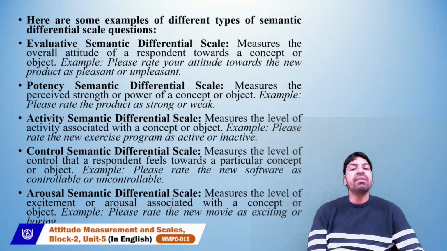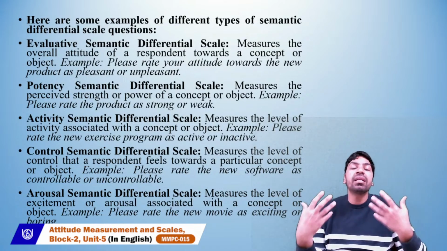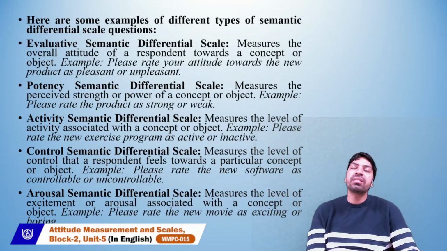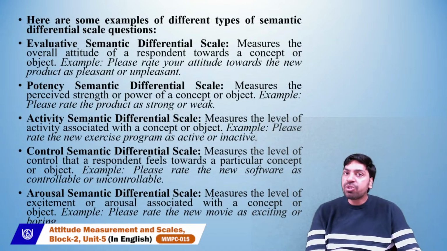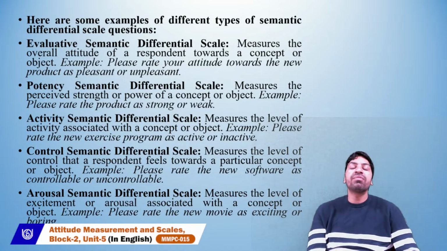Control symmetric differential scales measure the level of control that a respondent feels towards a particular concept or object, for example, please rate the new software as controllable or uncontrollable. The excitement symmetric differential scale measures the level of excitement customers have towards the concept or object, for example, please rate a new movie as exciting or boring. So this is all about the different types of symmetric differential scale questions.